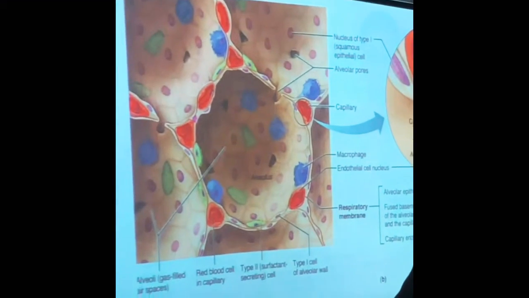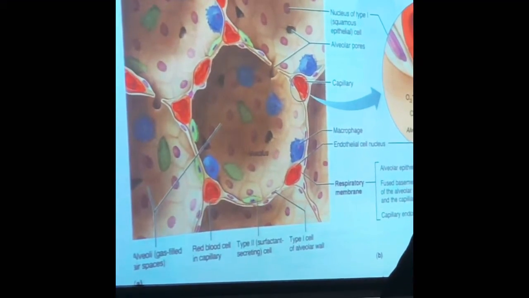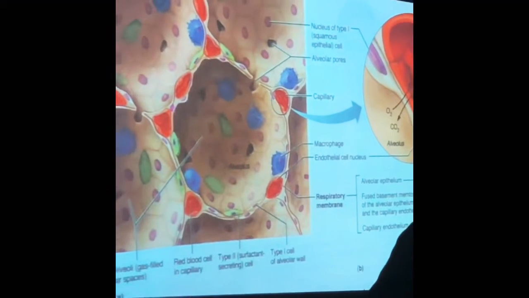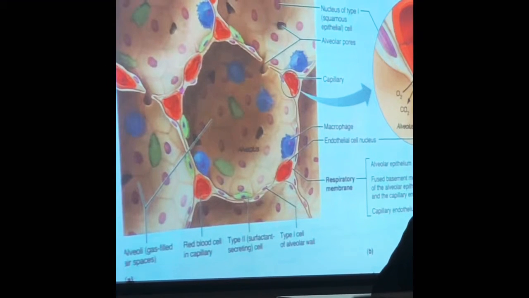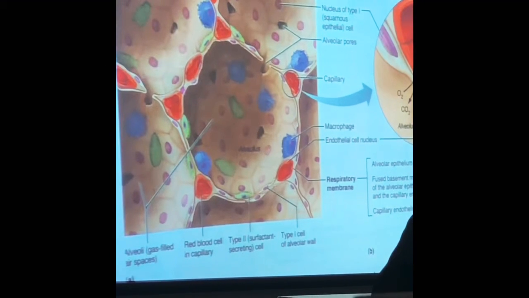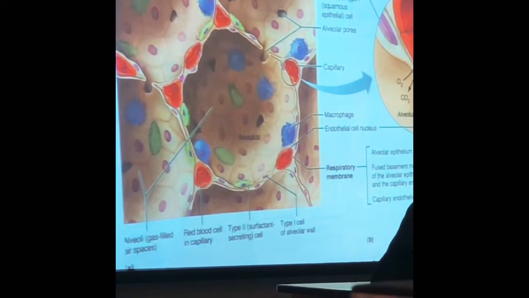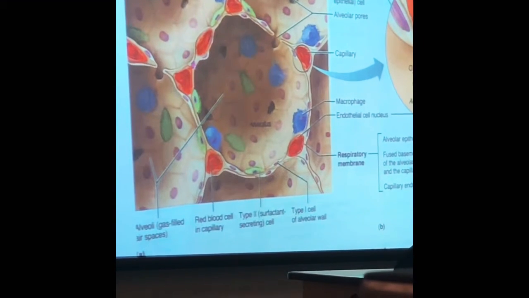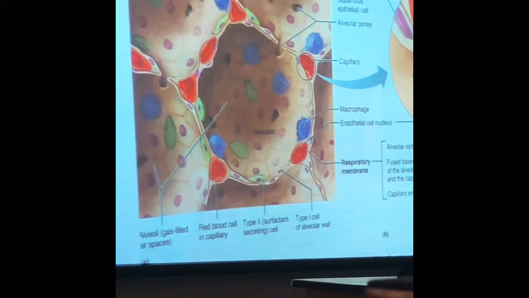This cartoon drawing is of an alveoli. This is where respiration takes place. Bringing air into your lungs from the outside, because the lungs expand, that creates negative pressure. Bringing air down to the lungs is called ventilation.